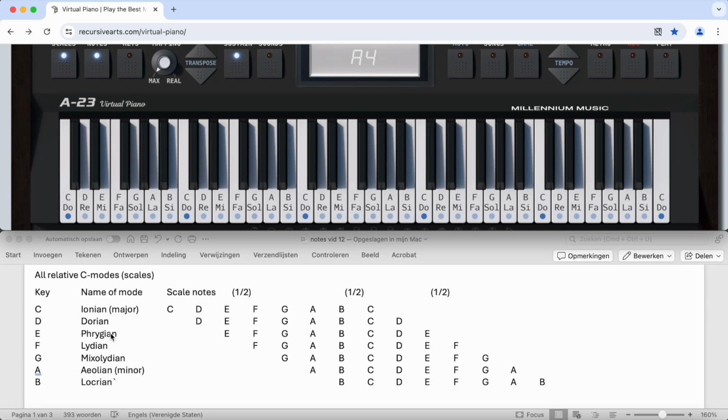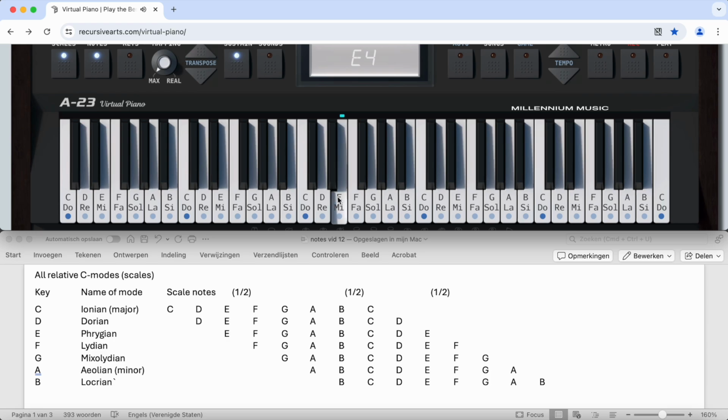E Phrygian. I don't know any song written in E Phrygian. That mode is lost to us, isn't it? But if you would like to compose a song in E Phrygian, make sure you repeat the E enough times so we get that home feeling.